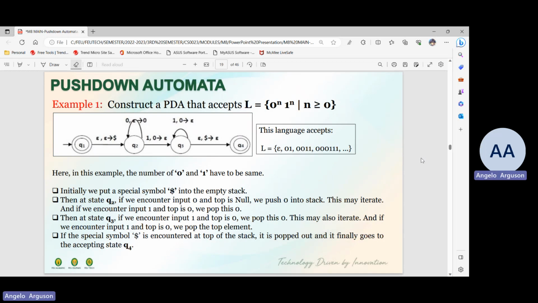Let's have this as an example. Let's take this example of another pushdown automata. This time we have a language of 0 raised to the n, 1 raised to the n, where n should be greater than or equal to 0, which means that we are referring to any number, so it could be 1, 2, 3, 4, 5, and so on.